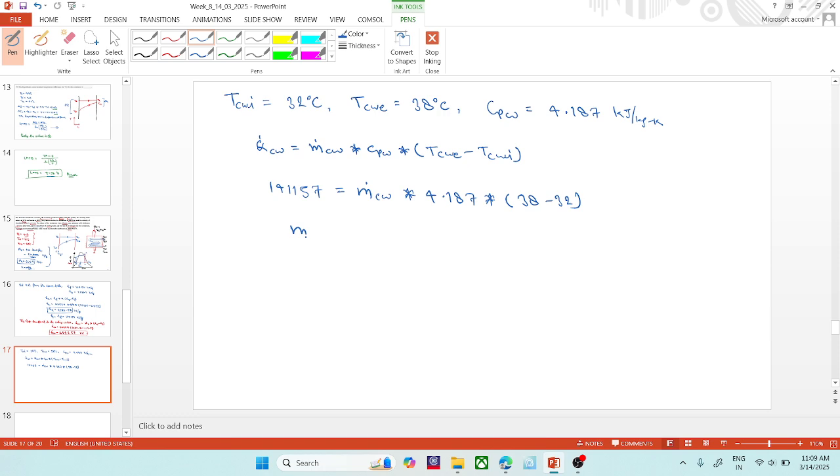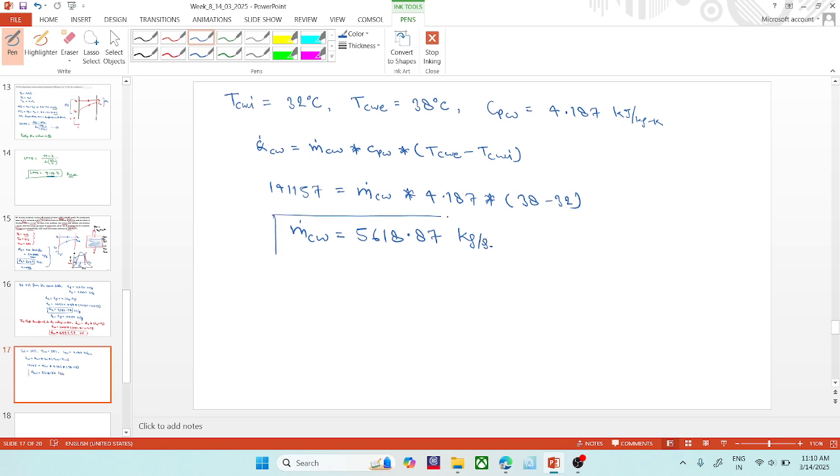So from here, the mass flow rate of the cooling water will come out to be 5618.87 kg per second.